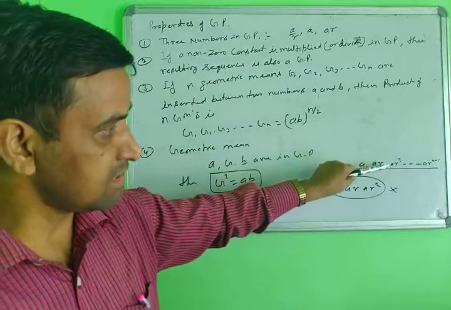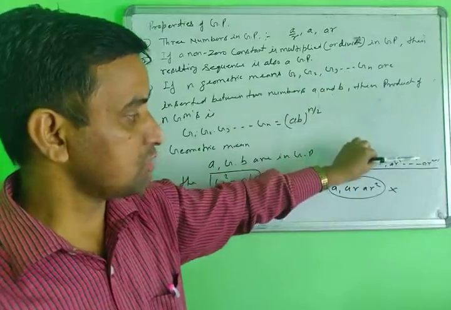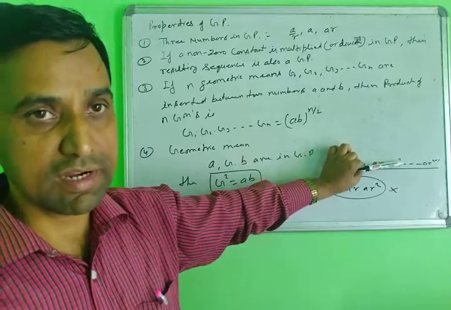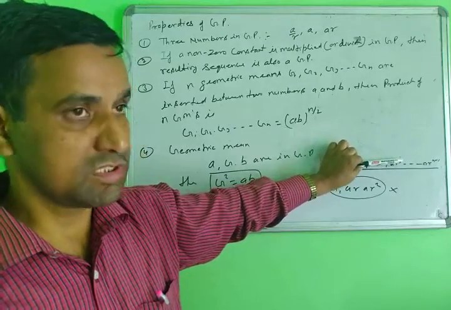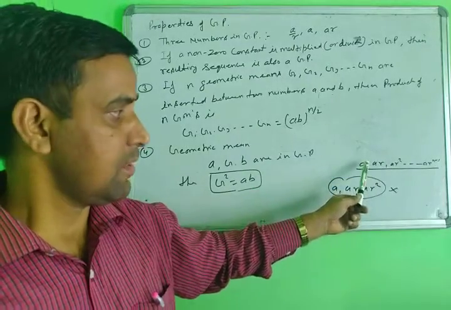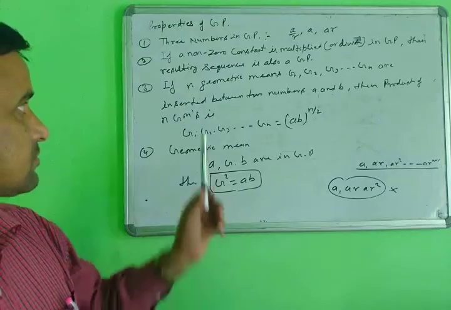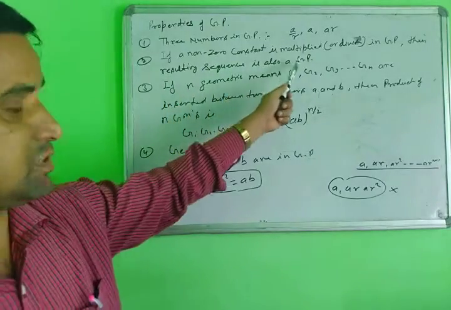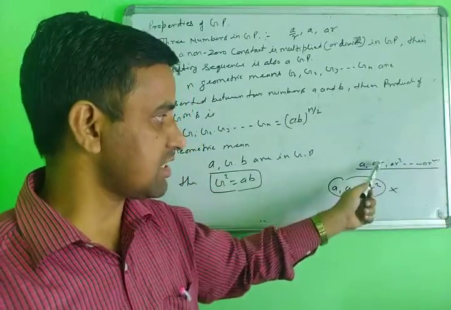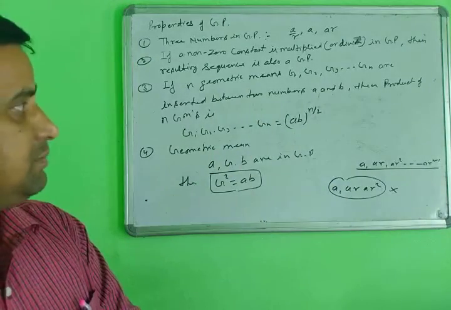The original form of the GP will not change. After multiplication, this will also be a GP. If you divide by any constant number, the result obtained will also be in GP. The resulting sequence, after multiplying or dividing, is also in GP.